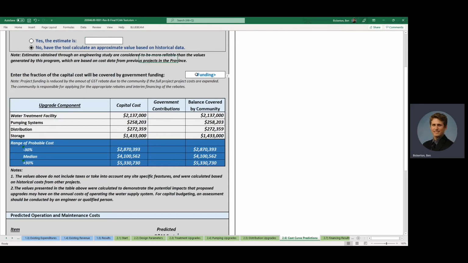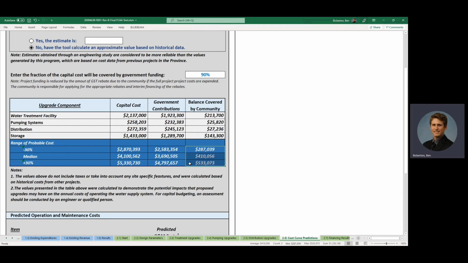The tool also allows us to put in a portion of a project that's going to be funded by government or any external funding. So we'll say it's 90% funded, and then the tool fills out the summary sheet here, which says the capital cost for the entire project is going to be somewhere between 2.9 and 5.3 million, with the balance covered by the community after government funding between 290 and 530,000.